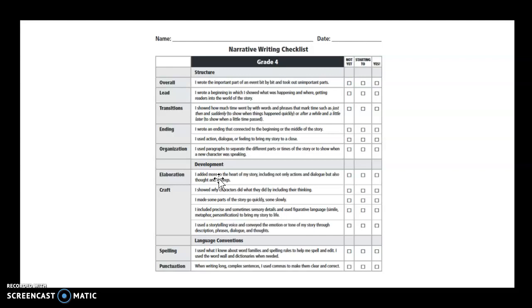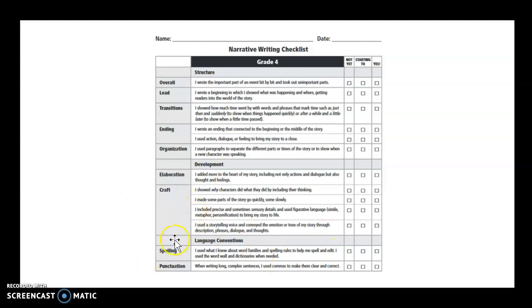It should not just be characters talking. There has to be more there. You have to develop that part of it, add those details so that we understand the thoughts, the feelings, the surroundings, our setting, what's going on around us. That's the part that you're going to go back and want to develop more. So read through your paper, revise your paper scene by scene to make sure that you have elaborated enough on each of those scenes. Okay?